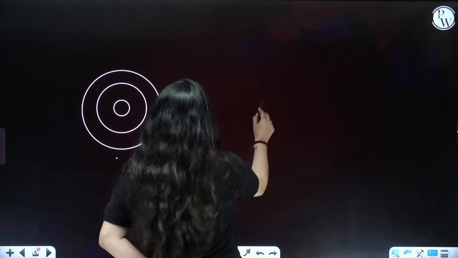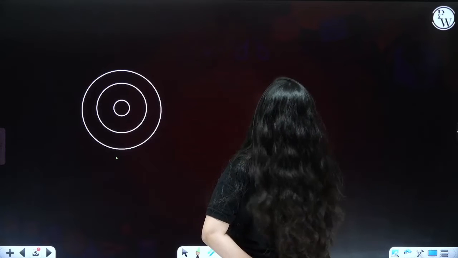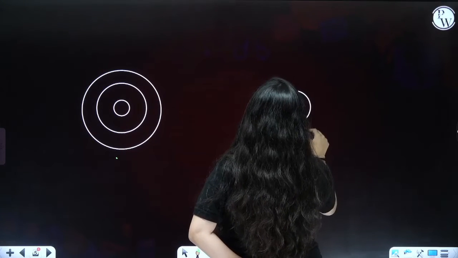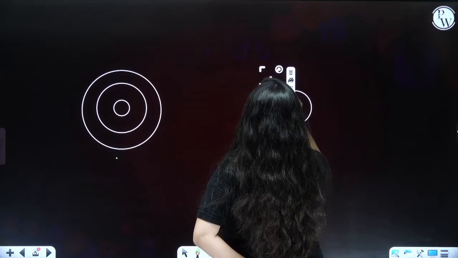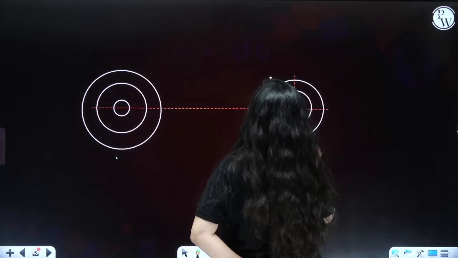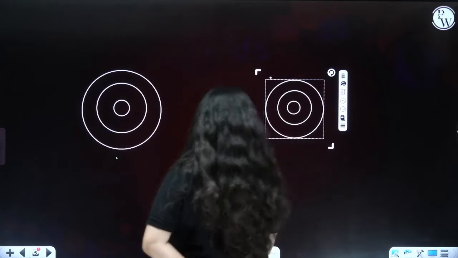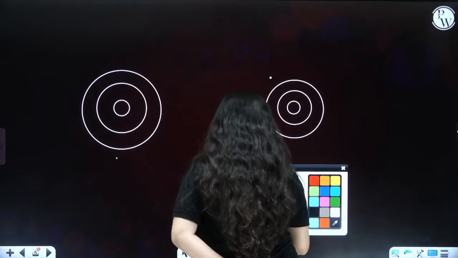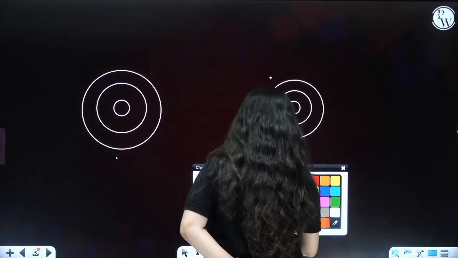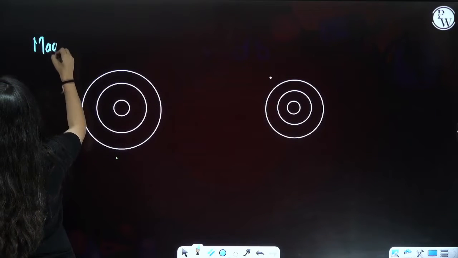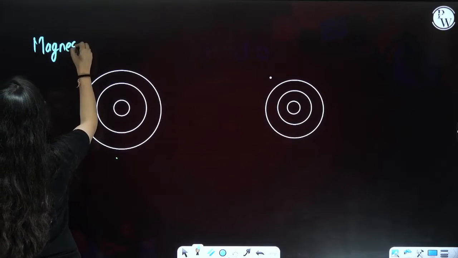Again, I'm taking another atom. This is its first orbit and this is second. See, we are talking about magnesium.